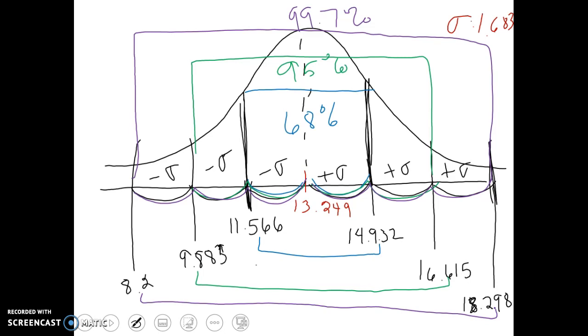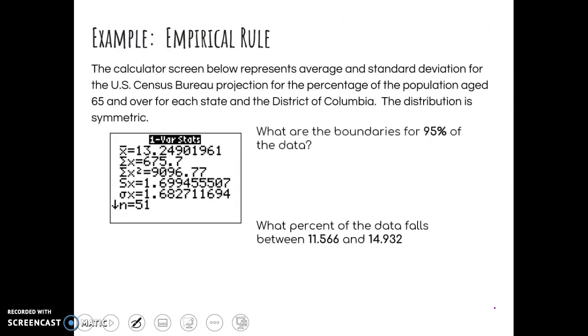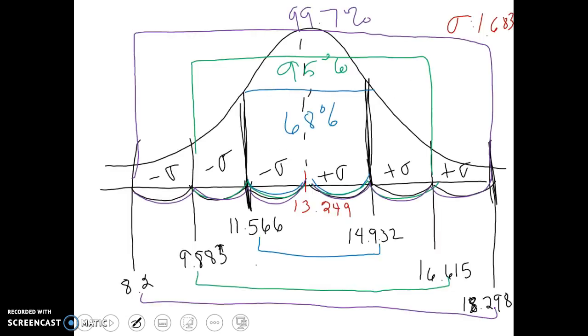If you'll remember, the first question was what are the boundaries for 95% of the data? So 95% of the data is between 9.883 and 16.615.